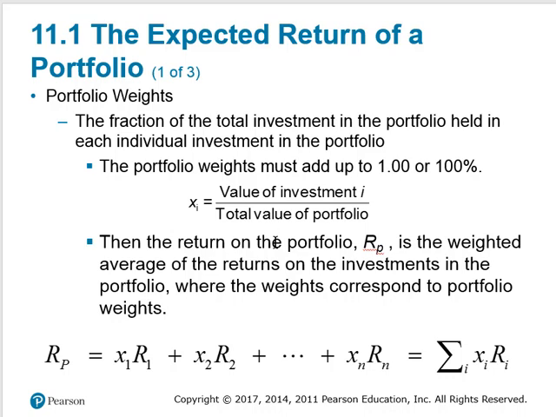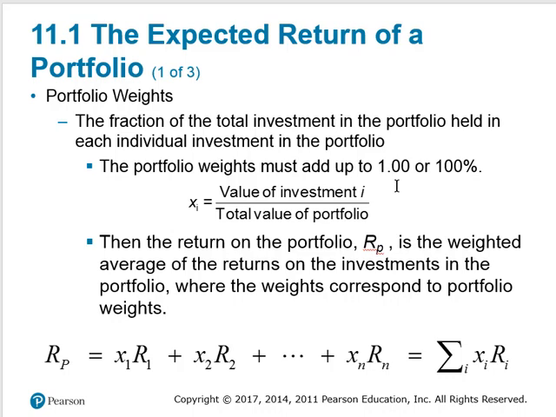Now the sum of these weights has to add up to 1.0. So at least for the meantime, let's think about these weights, when you add them up, they add up to 1.